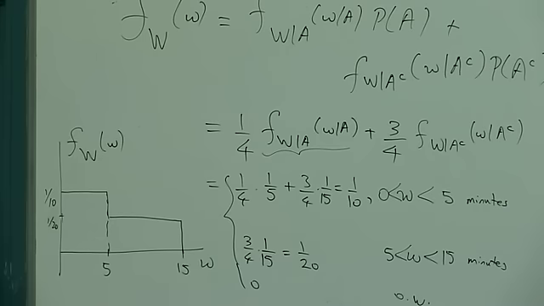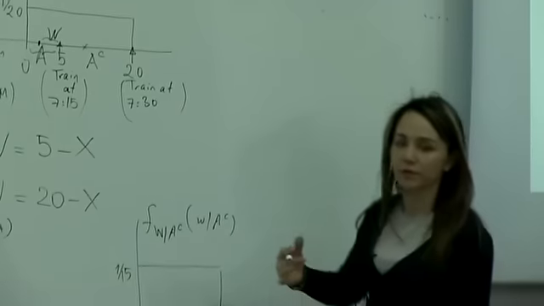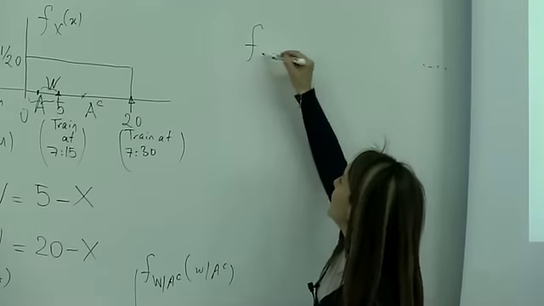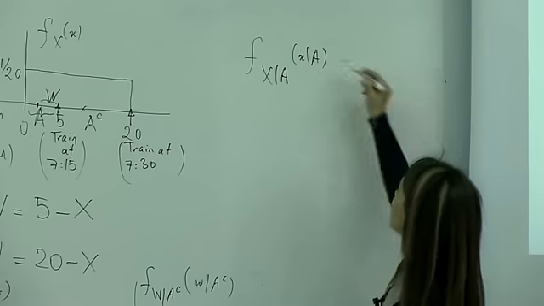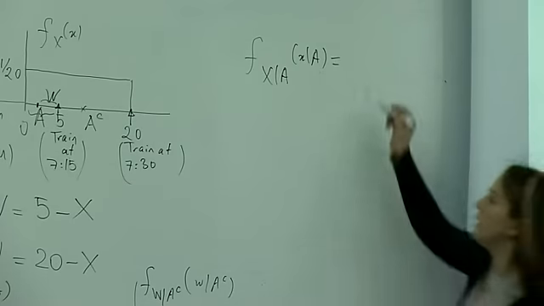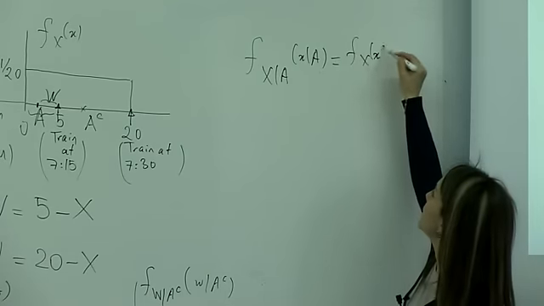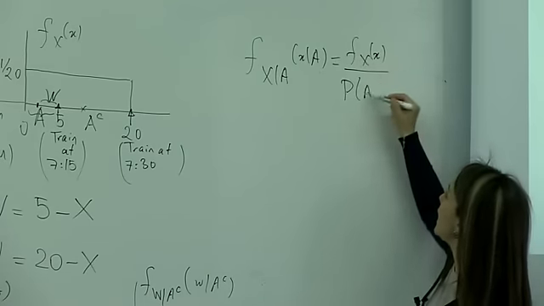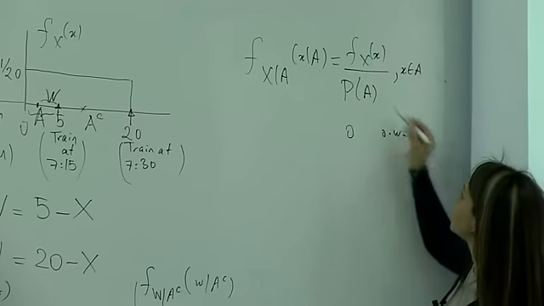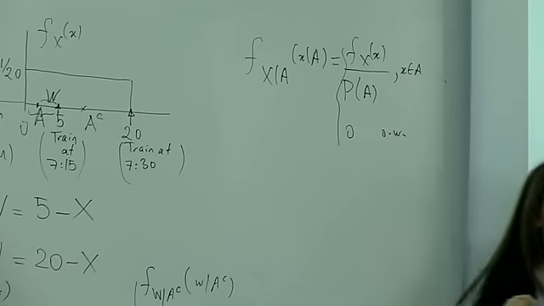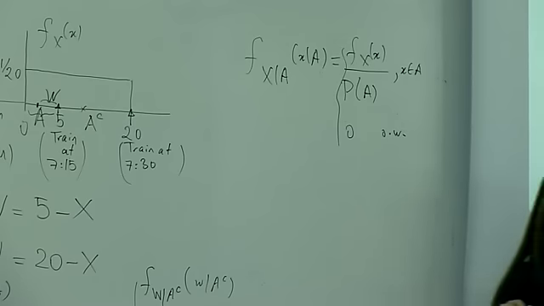Now, before we worry too much about this, let's also compute the conditional density of X itself, f X given A. What is this? It's f X of x divided by the probability of A when x is in A, and 0 otherwise. What is f X of x?